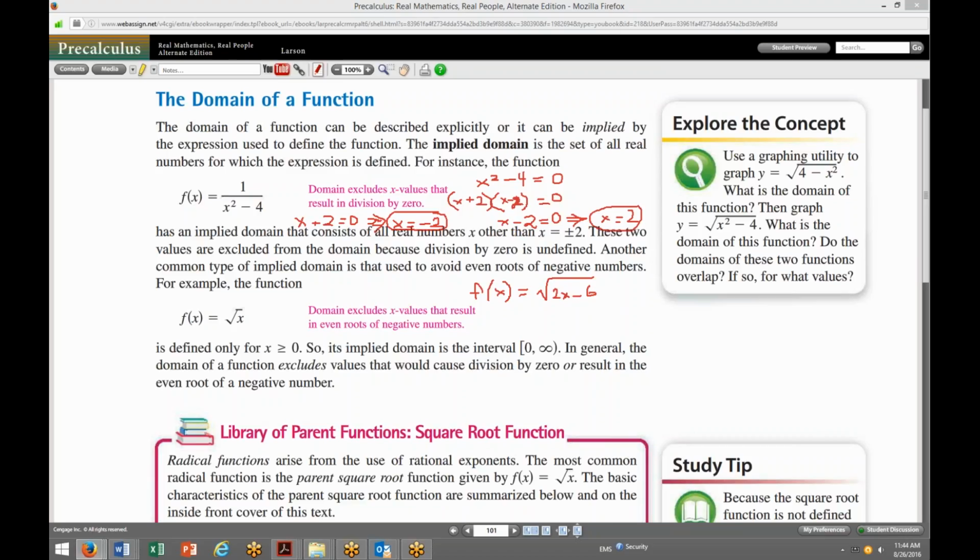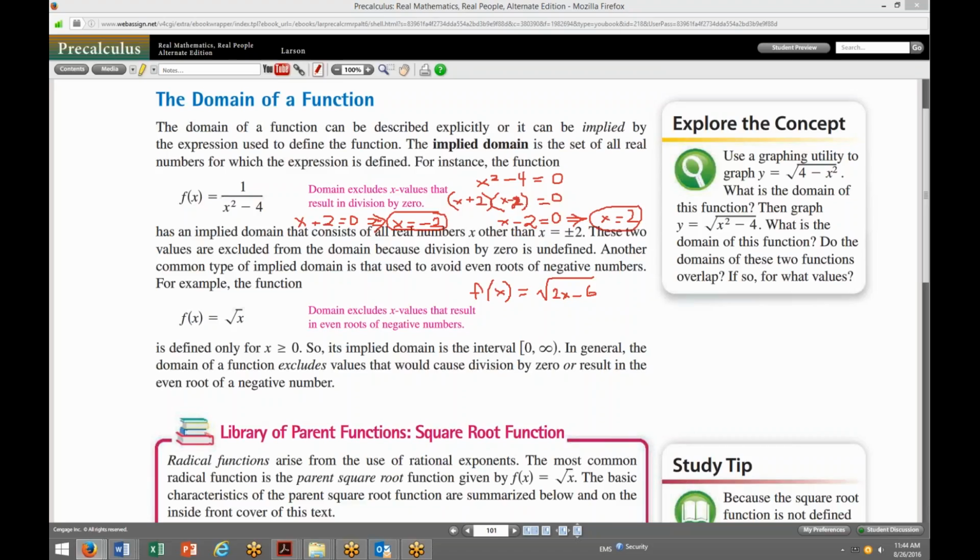For instance, if we let x be negative, if we let x be -5, then 2 times -5 is -10, and -10 minus 6 more is -16. You'd have the square root of -16. And for those who remember your complex numbers, that would be 4i or even -4i. But we can't go to the i's. We've got to stay with real numbers. So x cannot be -5 because it makes the contents of the square root radical a negative number.